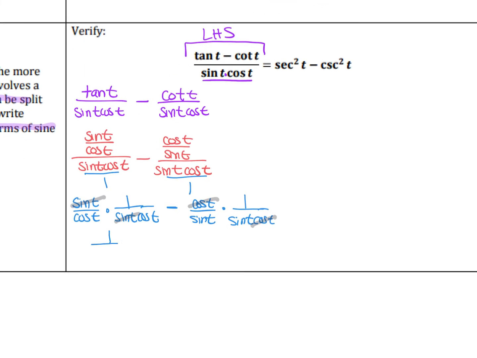So I'll be left with 1 over cosine times cosine, which is cosine squared, minus 1 over sine squared. Well, 1 over cosine squared is secant squared, and 1 over sine squared is cosecant squared, which is what I wanted to verify. So I was successful here.